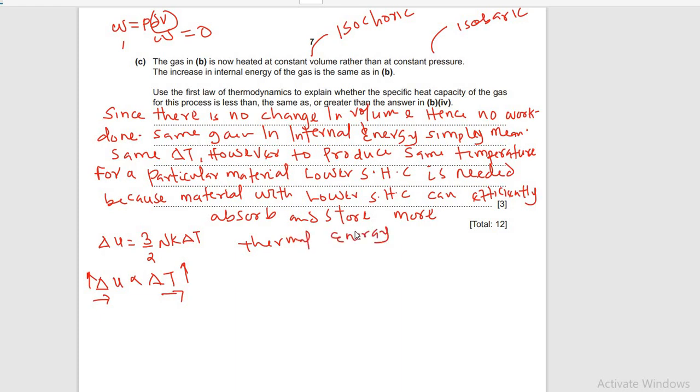So when a material has a lower specific heat capacity, let me explain. It means that it requires less energy to produce the same temperature change compared to a material with higher specific heat capacity. This is because a material with lower specific heat capacity can more efficiently absorb and store energy. That's just the key. It can store and absorb thermal energy efficiently. That's it.